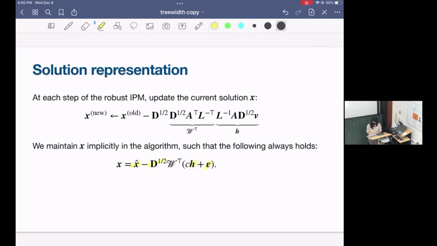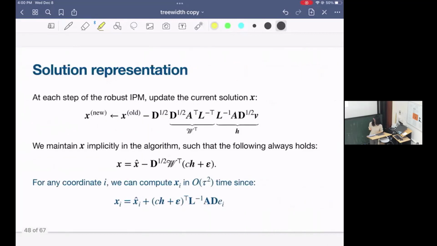And this W we're not actually computing, but we have implicitly the matrices L, not the inverse transpose, and also A and D. And we have some properties in terms of being able to update this representation in a good time with every IPM update. For example, we can compute individual coordinates of x in time tau squared, and you do this by taking the transpose of what you need to compute, and then this ends up working out.